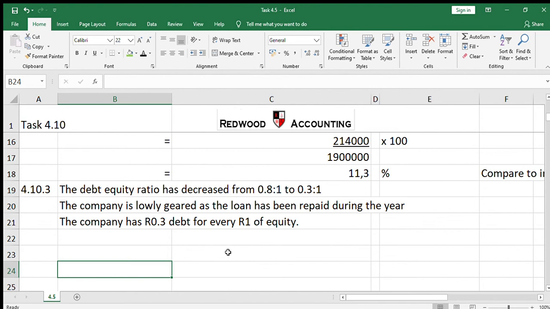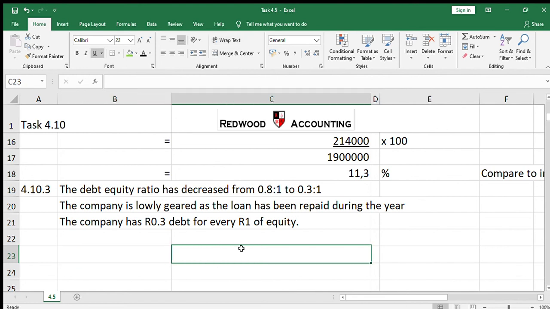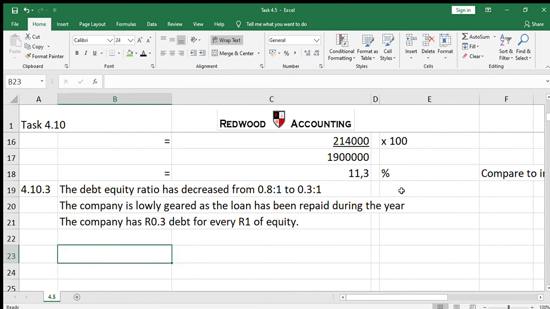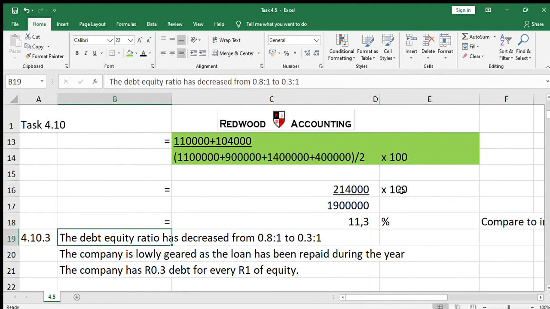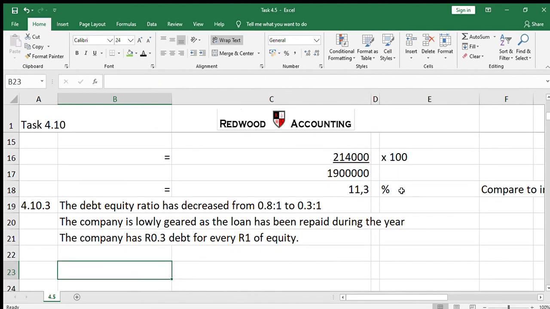With the return on capital employed, we can't comment on it because we don't actually have the interest rate on the loan. But in a lot of questions, the interest rate on the loan can be 12% or 15%. And the return on total capital employed that we've calculated is 11,3%. So you can actually see that it is quite low. We can just say that the return on total capital employed is only 11.3%.